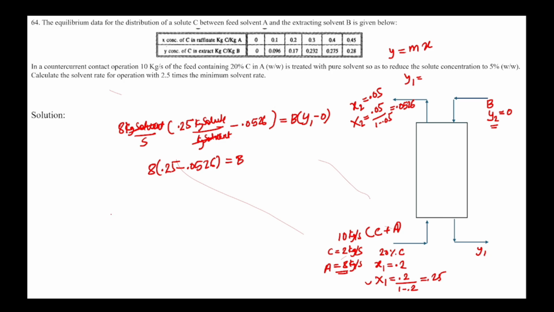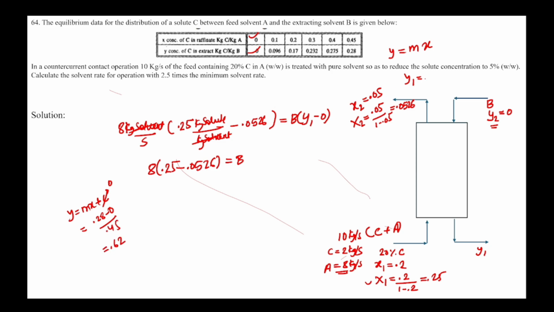So m is equal to, since it is passing through 0 0, this is y is equal to mx plus c. So c is 0 because it is passing through the origin. So m will be y2 minus y1, that is 0.28 minus 0 divided by 0.45 is equal to 0.62.